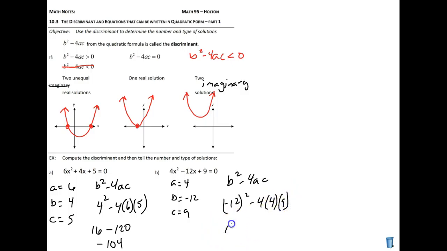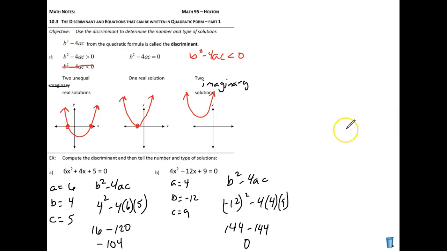So negative 12 squared, that's 144. And then we have negative 4 times 4, which is negative 16, and negative 16 times 9 is negative 144. So 144 minus 144 is 0, so in this case we have one real solution. And that's how we would list that out.